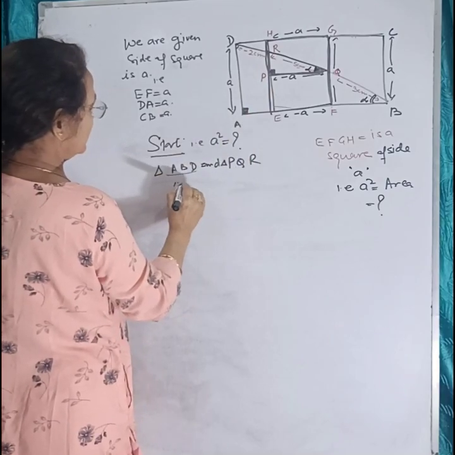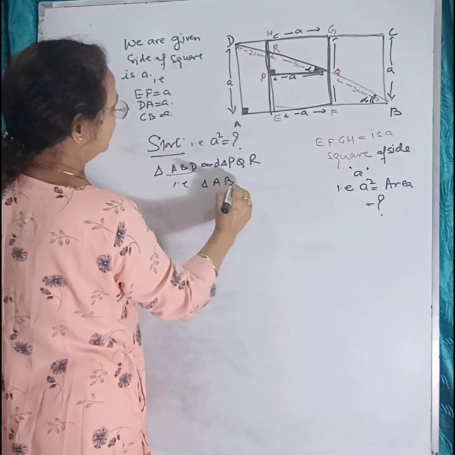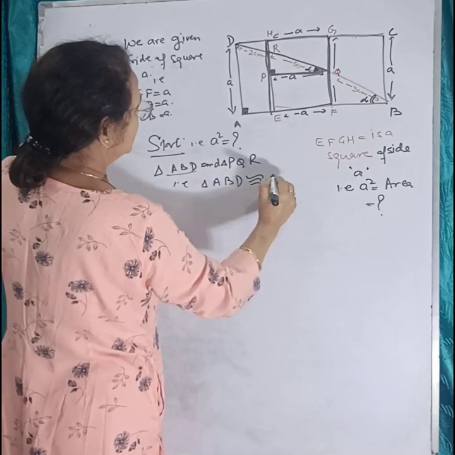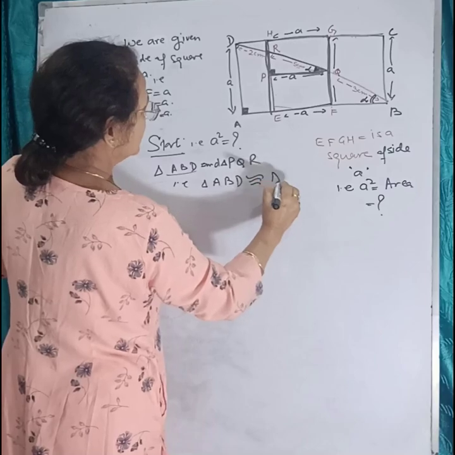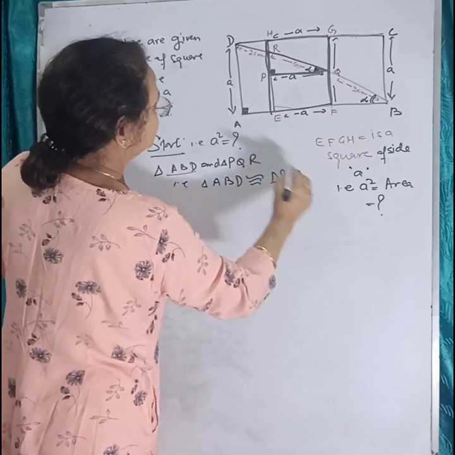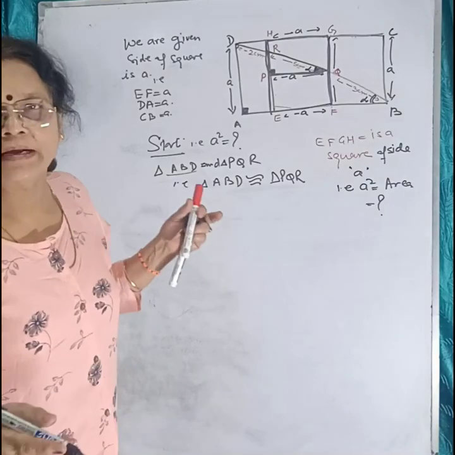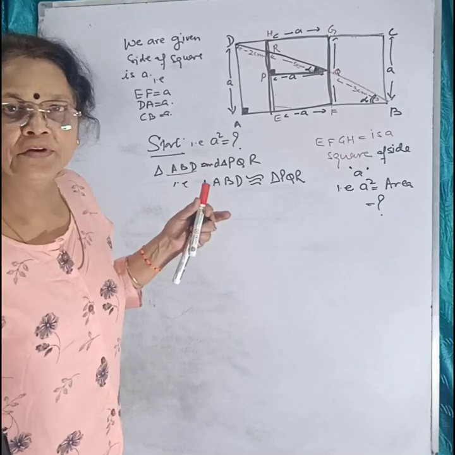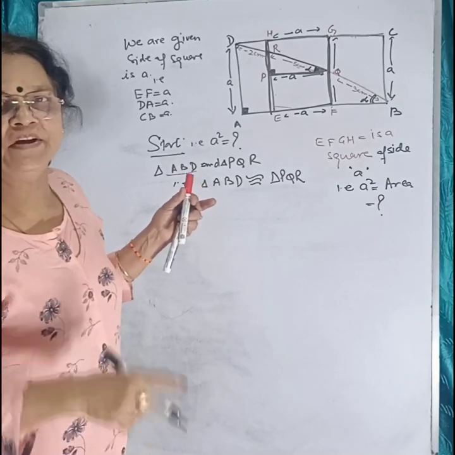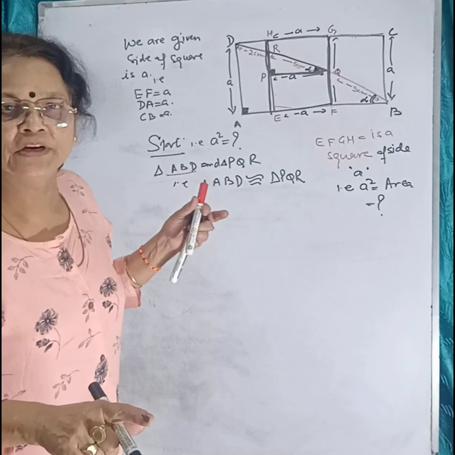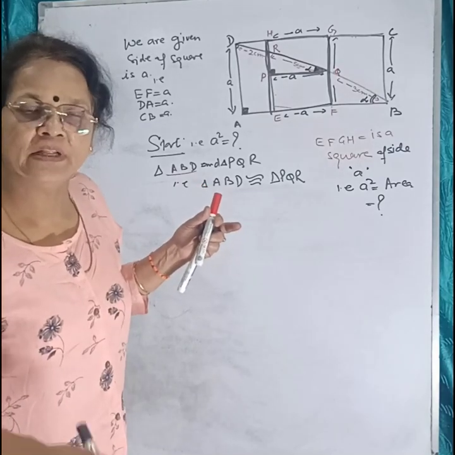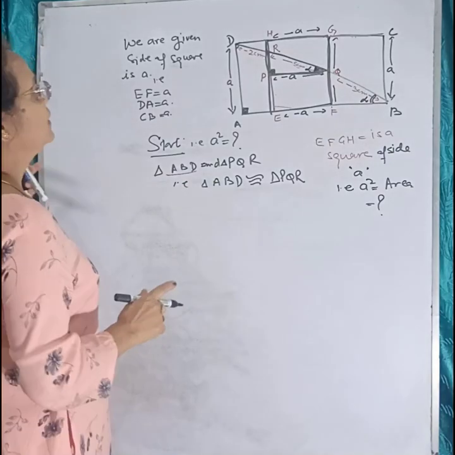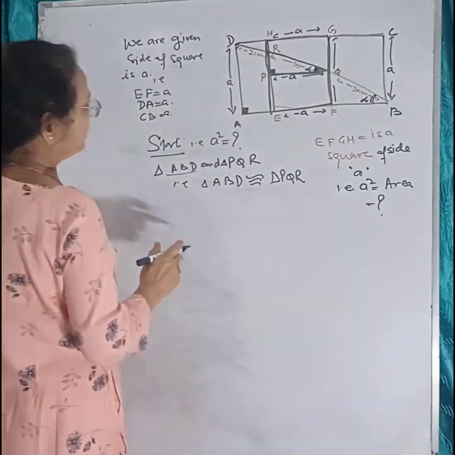It means that triangle ABD is just equivalent to triangle PQR in all sense, angle by angle. It means the ratio of the base upon base will be equal to the ratio of perpendicular upon perpendicular, will be equal to the ratio of hypotenuse upon hypotenuse. They are having angle similarity. सभी कोण बराबर है. ओके.